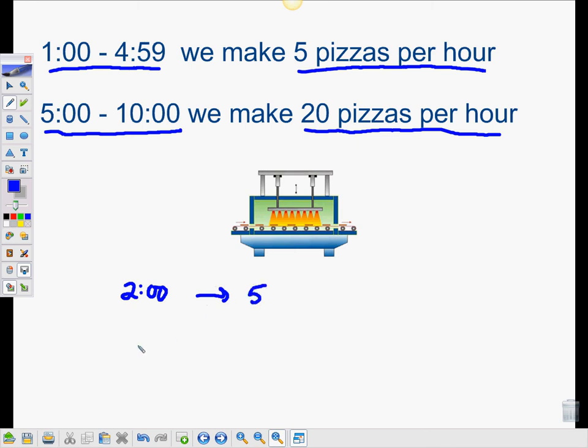If I gave you the input time of 6 o'clock, that would be in this second situation. That means we're making 20 pizzas per hour. If it was 5 o'clock, that would also fall into the second situation, so we're making 20 pizzas per hour.